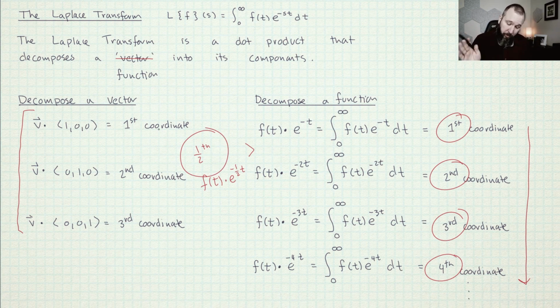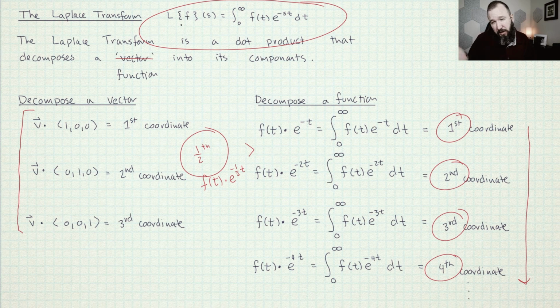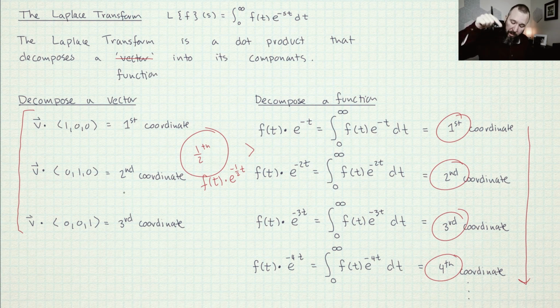So the Laplace transform has a really scary formula, but if you plug in a value for s, all it's really doing is the same thing as plugging in this value for n. It's just telling you what the coordinate of that function is in that place. So hopefully you can walk away from this feeling a little bit better about what the Laplace transform is.